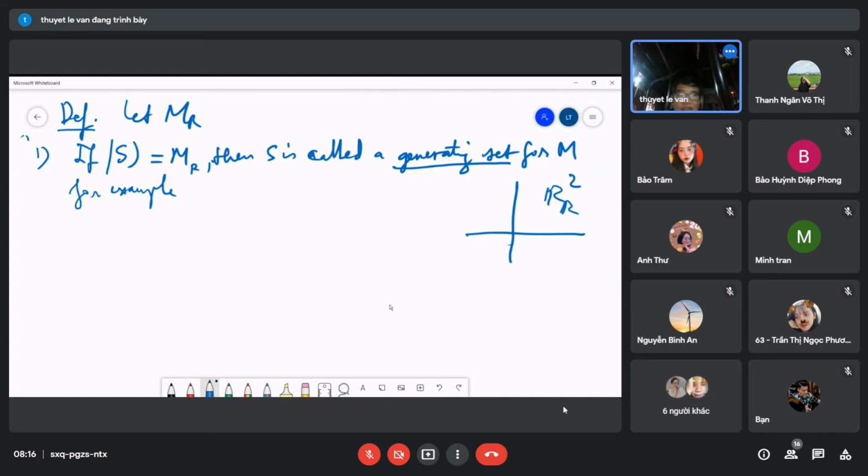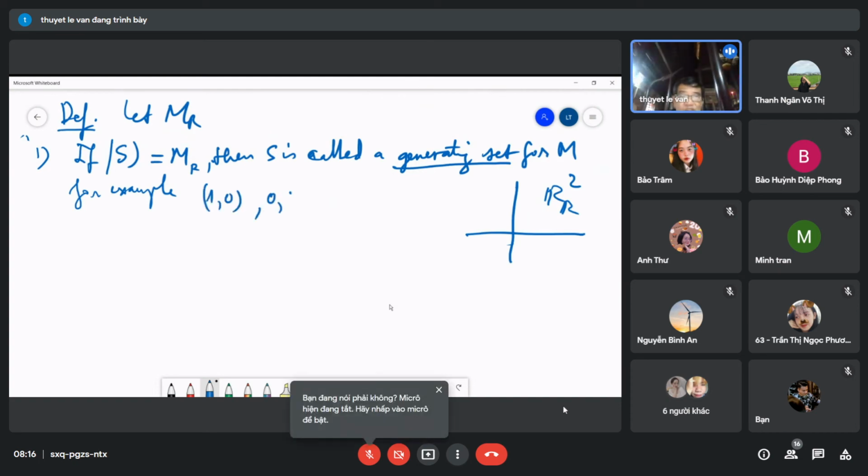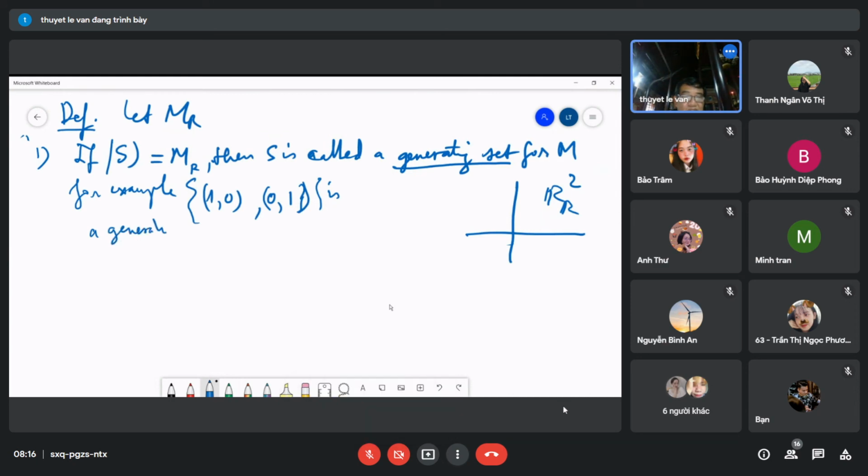You remember that (1,0) and (0,1) is a generating set for R square, as an R module, because that is the basis. You remember that is the basis. And in this case, I only say that it is a generating set.